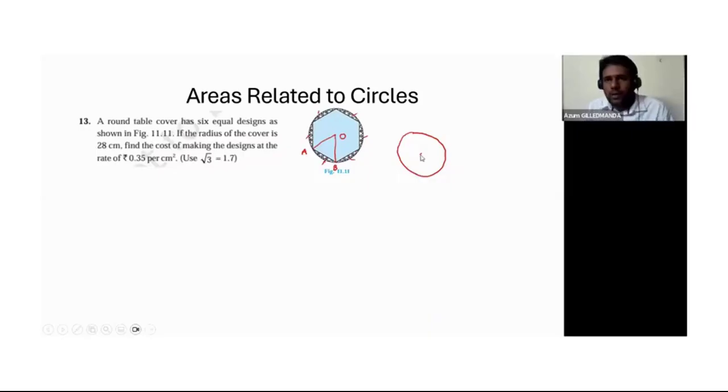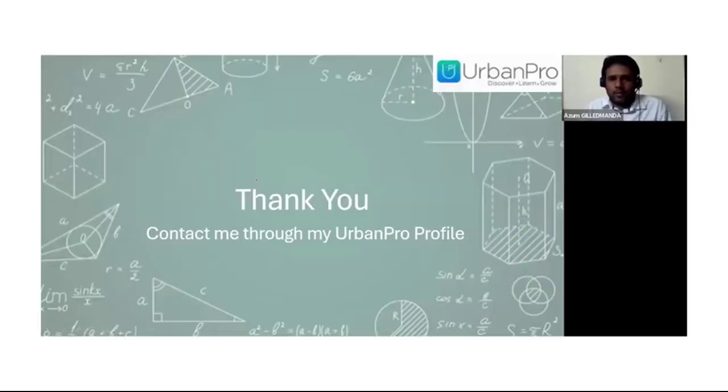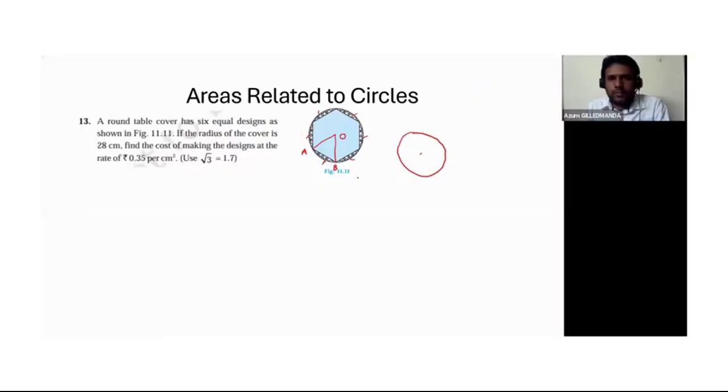Okay, see now, guys. Can I say this part AB is a segment? This is a minor segment, right? And if I consider OA and OB, this is a sector.